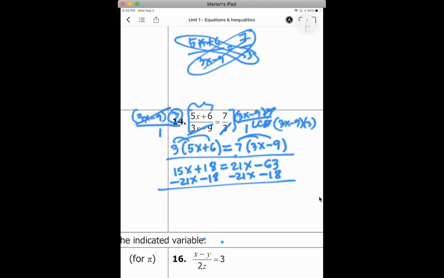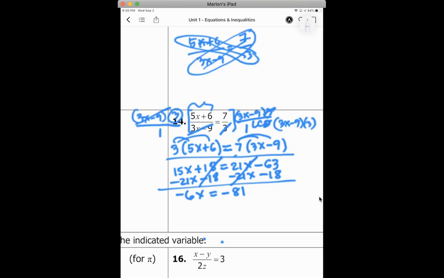All right, let's add them all together. 15 minus 21, or 15 plus negative 21, that gives you a negative 6x. That will cancel. This one is 0 as well. Equals negative 63 minus 18. So that gives you negative 81. All right.